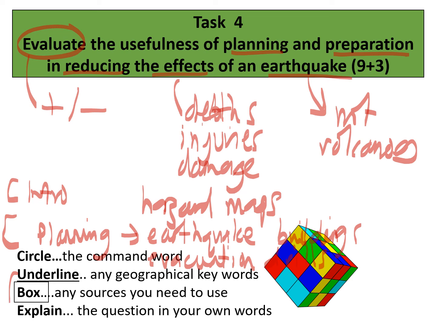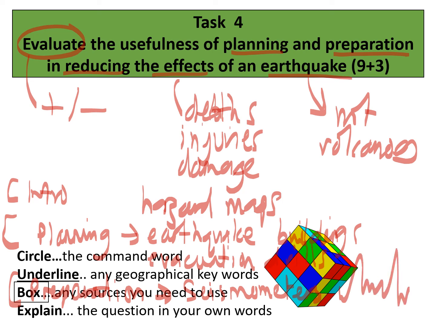And then you would write another paragraph talking about preparation. So how could they be prepared? Well, they could rely on seismometers. So that would allow them to identify if an earthquake was about to happen.